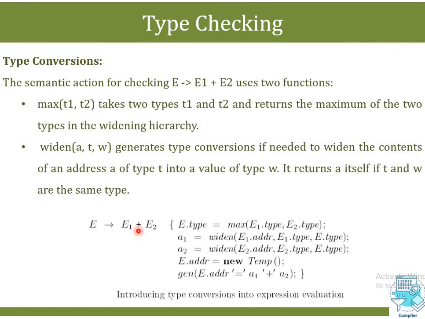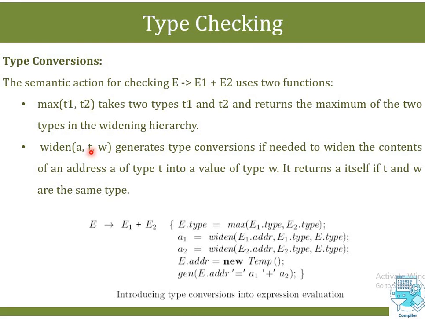Now if you have an expression like E1 plus E2, the maximum of the two types is computed, then operand 1 is widened and operand 2 is widened. So we are just calling the function widen. The notable point is that when T and W are of the same type, widening will not be performed.